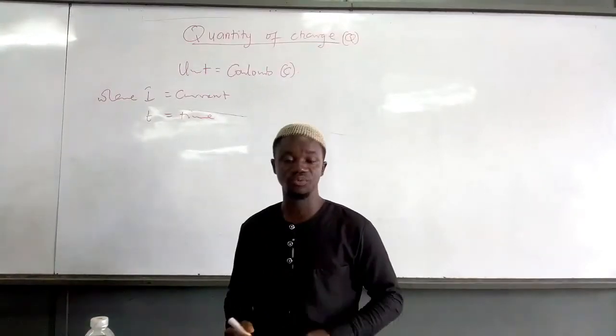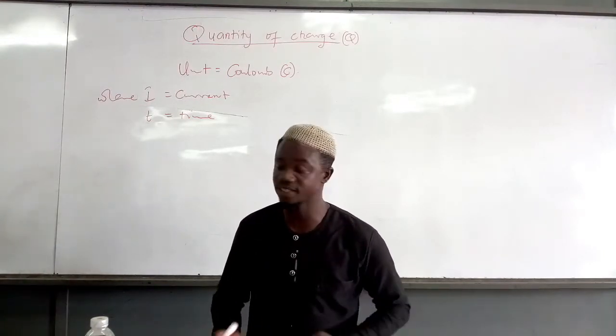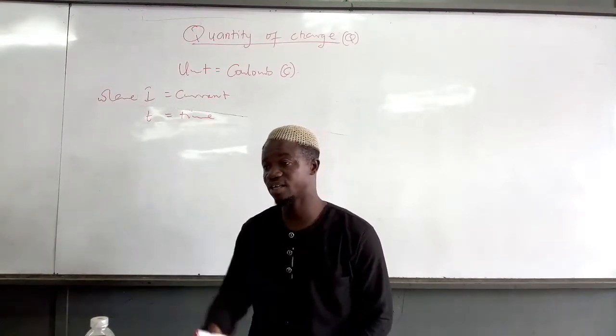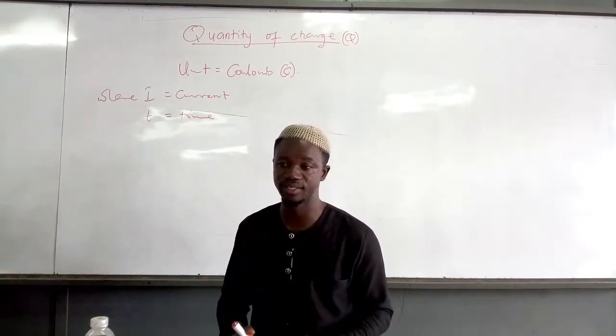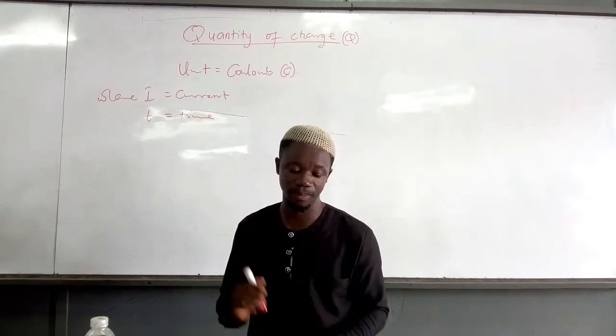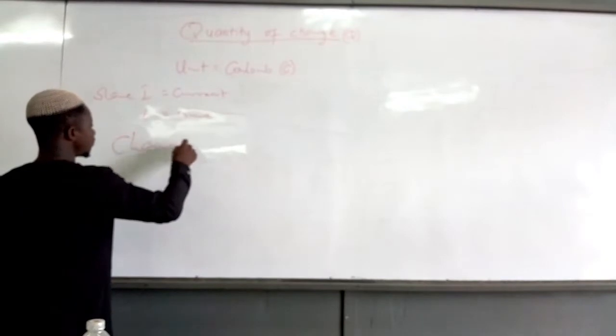Good. Then we look at another term we call charge density. In the previous video, I even used charge density to explain something when I was looking at how charges are distributed on a conductor.